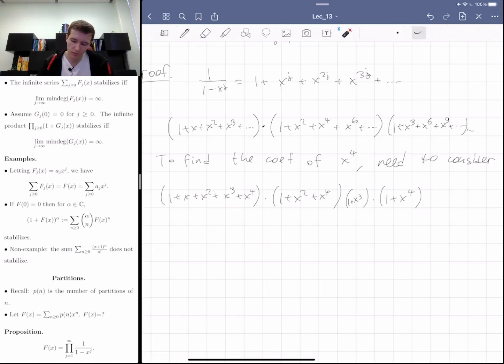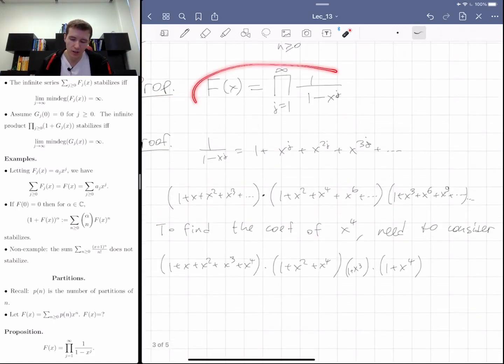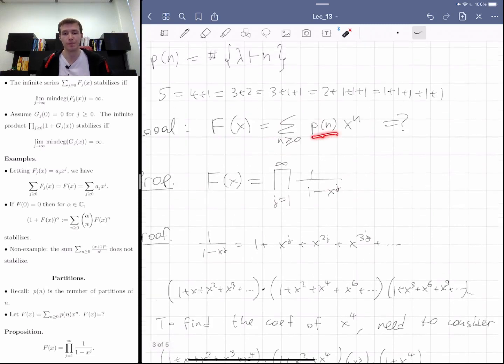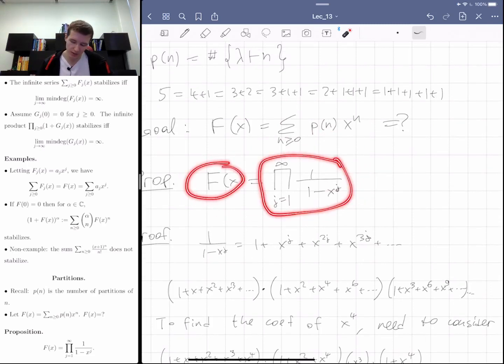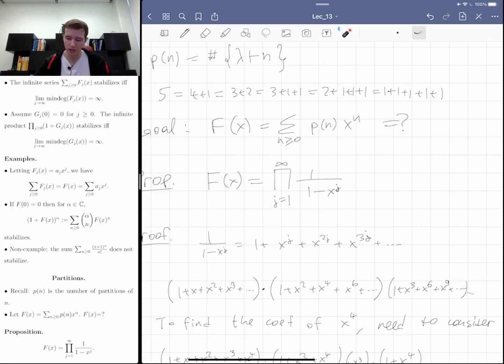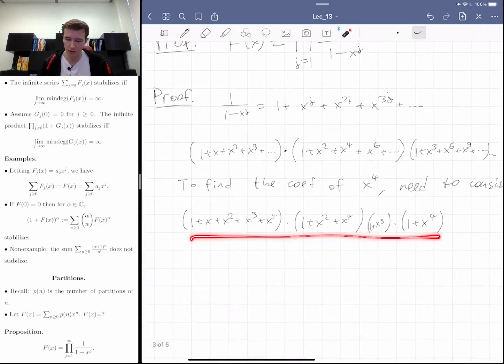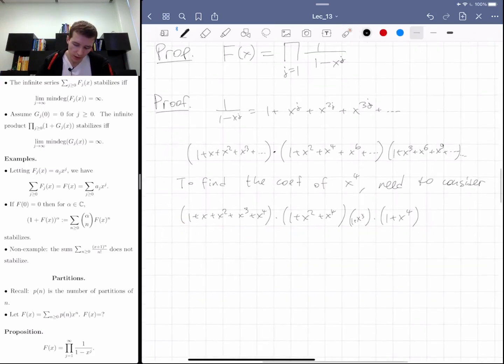So I expand this, and I get a finite sum, and I only look at the coefficient of x to the 4th, and the claim is that hopefully that's going to be the number of partitions of 4. So you see, even if I have infinite things on the right and left hand sides, it all boils down to finite computations, like expanding the product of a bunch of finite polynomials. So I need to consider the coefficient of x to the 4th in this product.